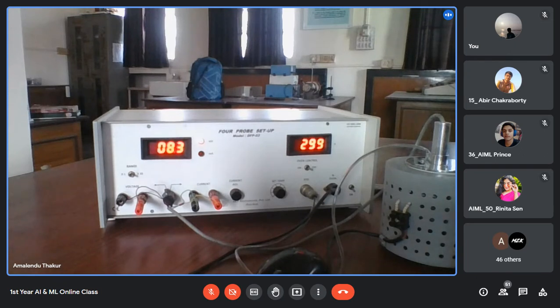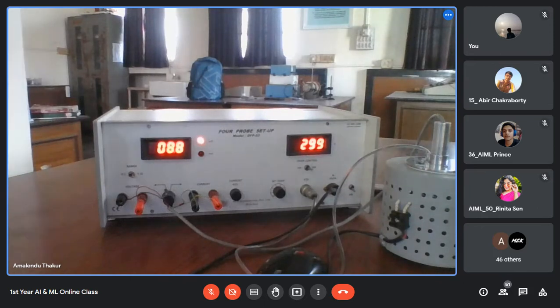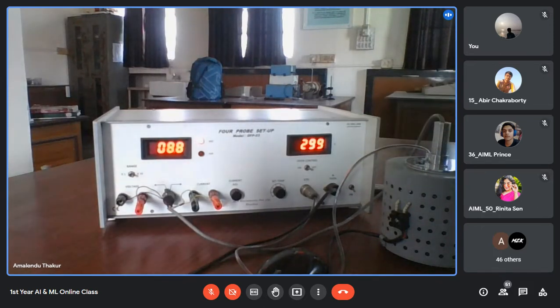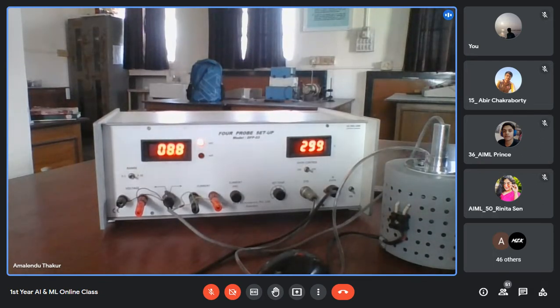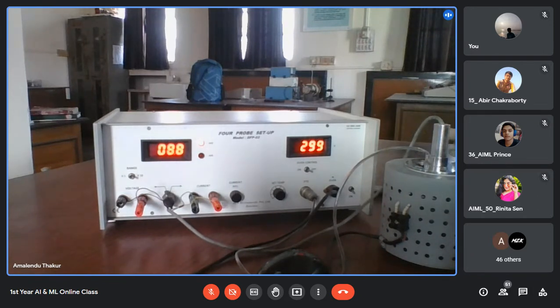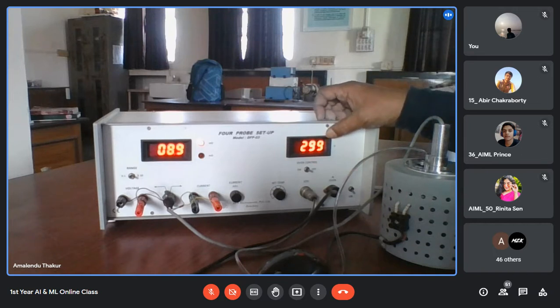There is a sensor here, and that is the thermometer. In this setup the thermometer is already here, using the sensor, but we have another setup also where we have to insert the thermometer. That means we measure the temperature from this display system.